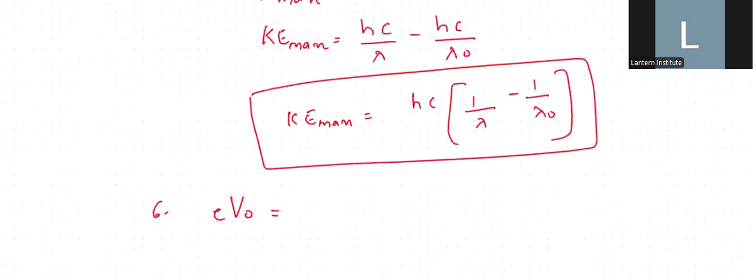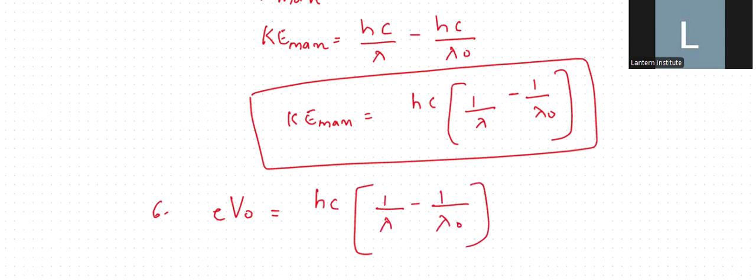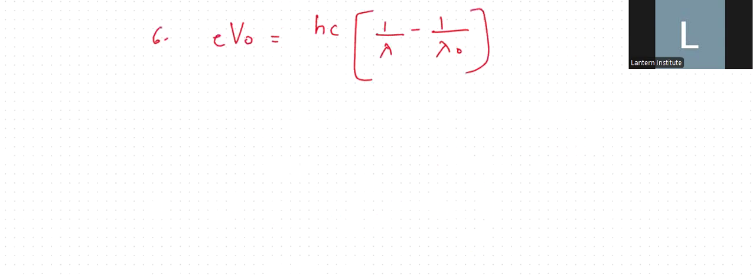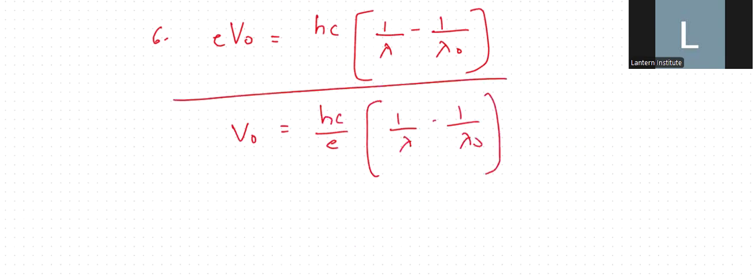Then V naught, the stopping potential, is equal to hc by e into 1 by lambda minus 1 by lambda naught. So these are the important equations from the dual nature chapter.